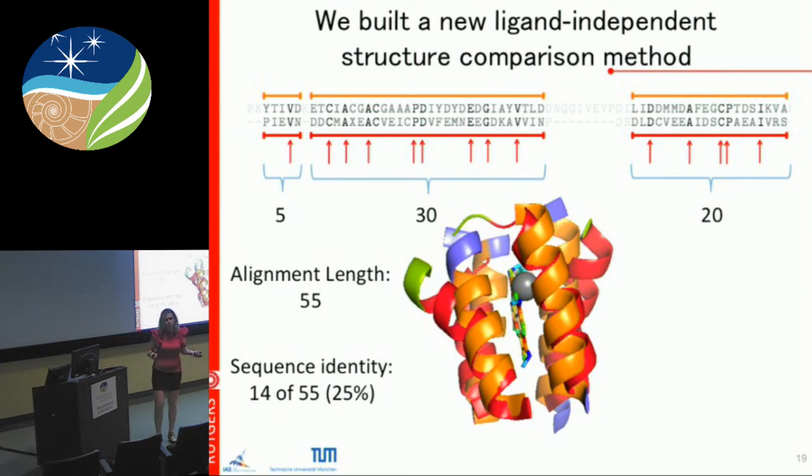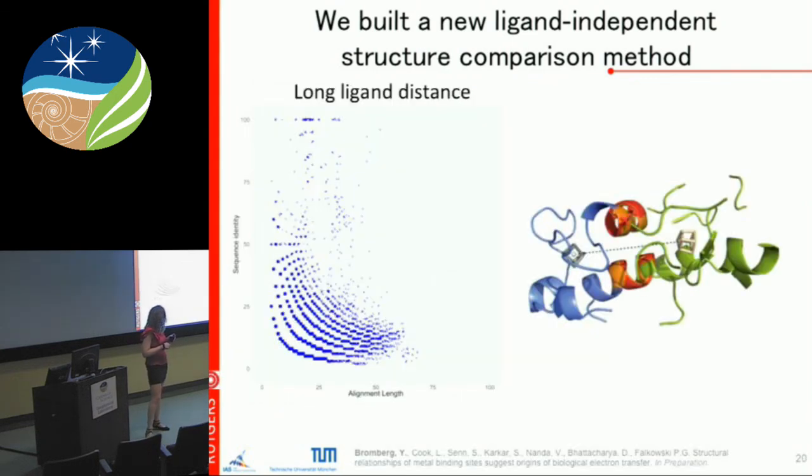And what is 25%? What we decided to do in this particular case is to figure out if there is something different about the proteins that have the same functionality versus proteins of different functionality, in terms of the sequence identity and alignment length, those two parameters that I told you about.